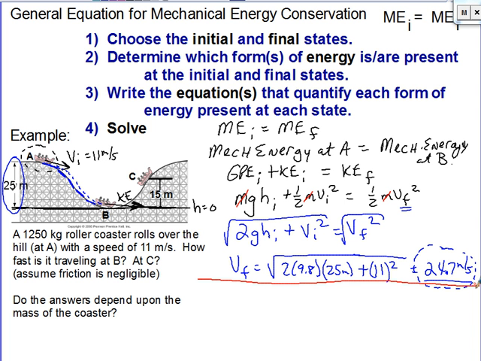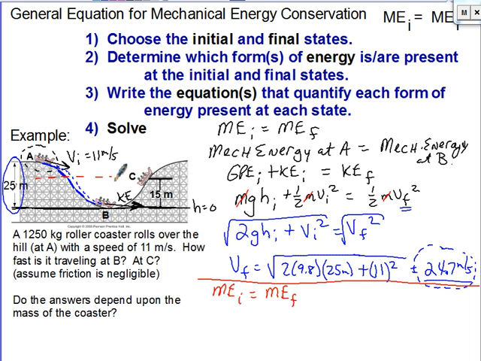Instead of saying that I start at A and end at B and then start at B and end at C, I'm just going to start just like I did before, taking the mechanical energy at A equal to the mechanical energy at C, and I'm just going to skip right over that intermediate state of B.